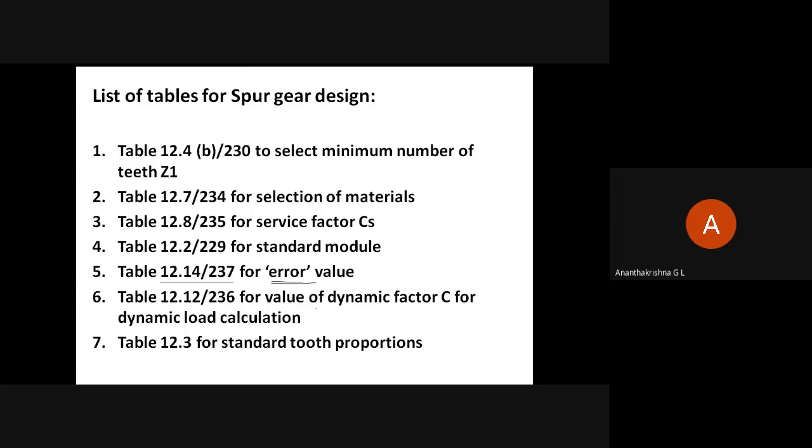Are you there? In terms of maybe 0.05, 0.06 and so on. Is that correct? Yes, sir. Okay. So the value of error depends upon the velocity, that is surface velocity V. So for 6 meters per second, what is the value of error? Can someone please let me know? So 0.059. Correct. 0.059. Yes, sir. Okay.